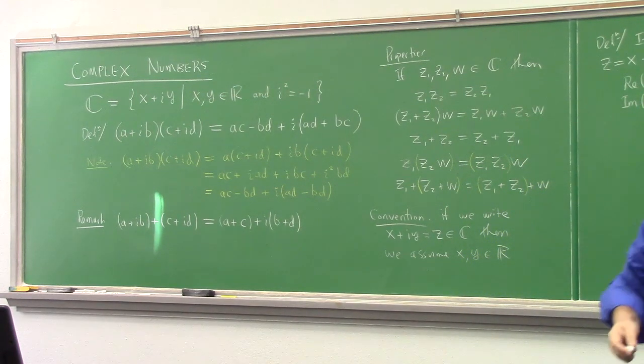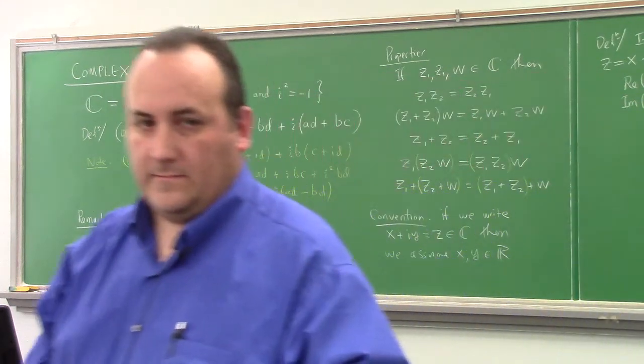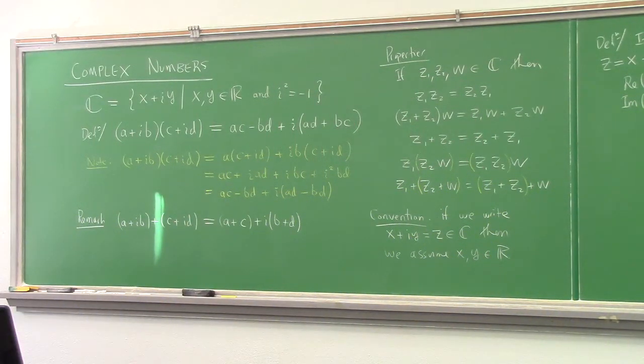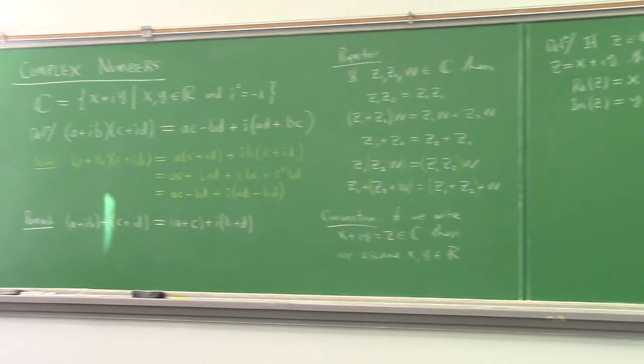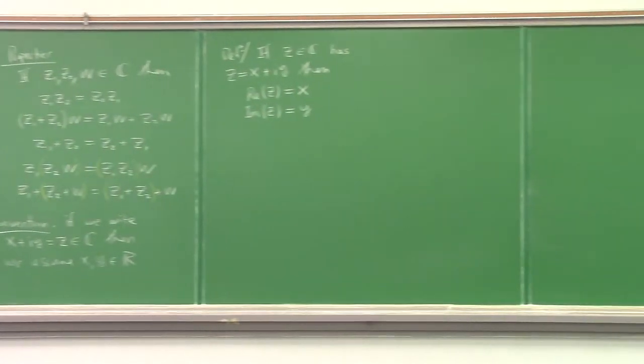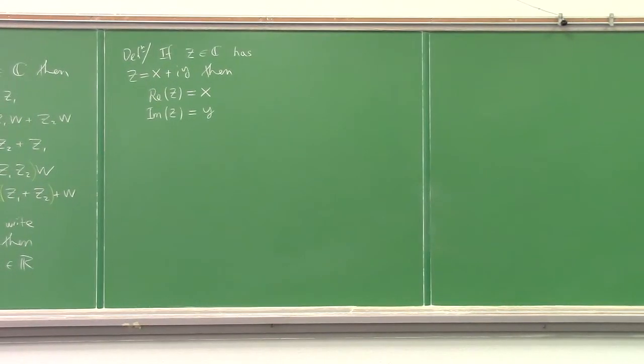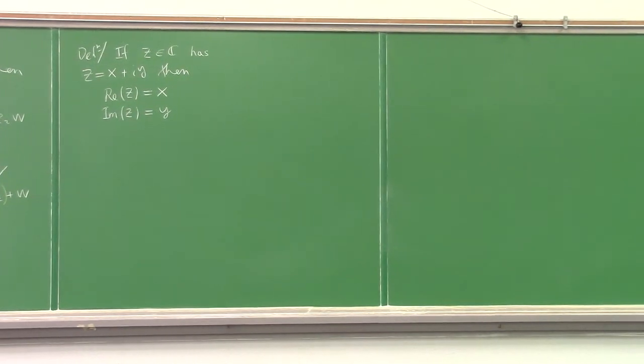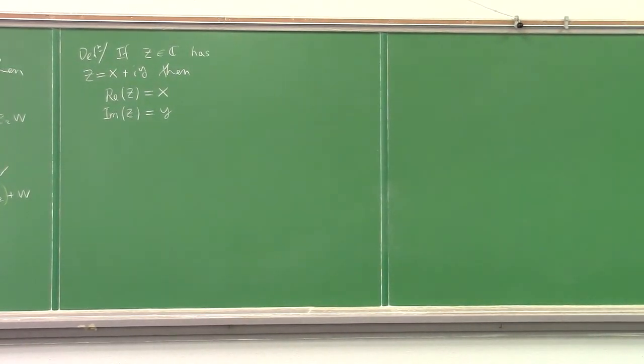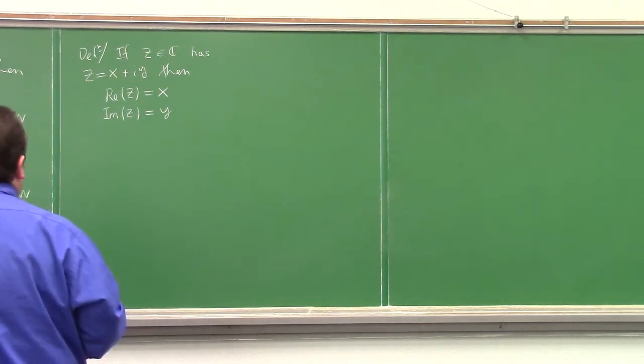So both the real and the imaginary parts are real numbers, right? I repeat, the imaginary part of a complex number is itself a real number, right?